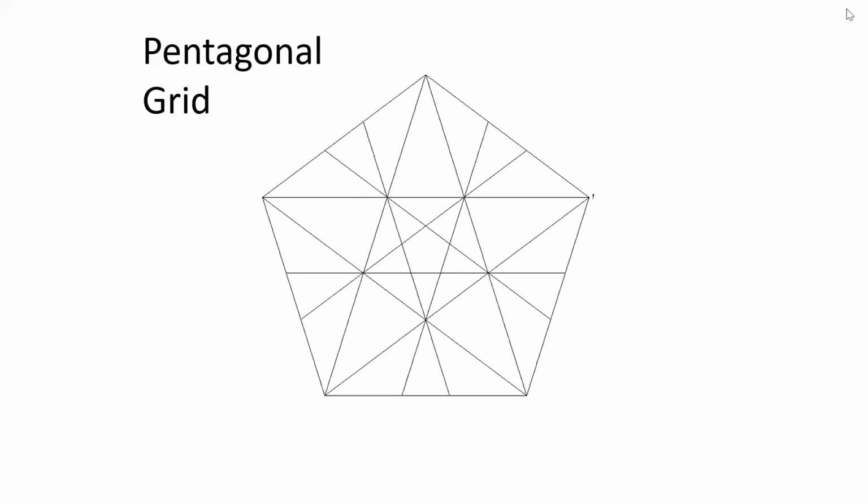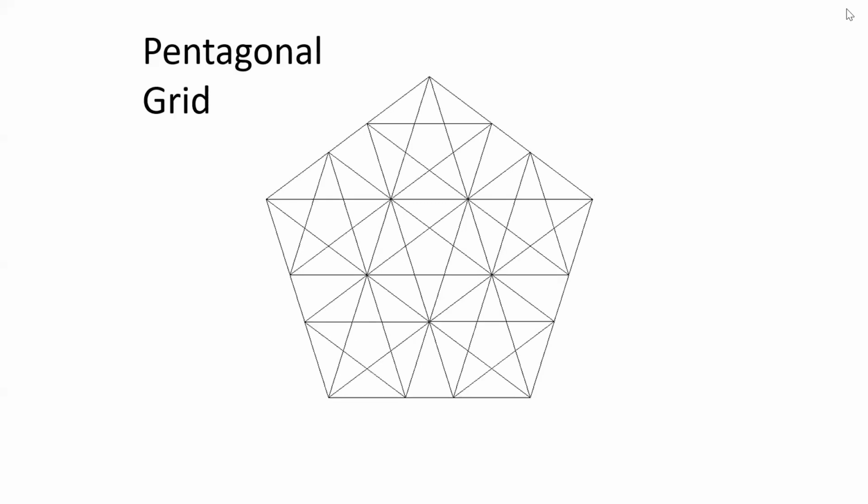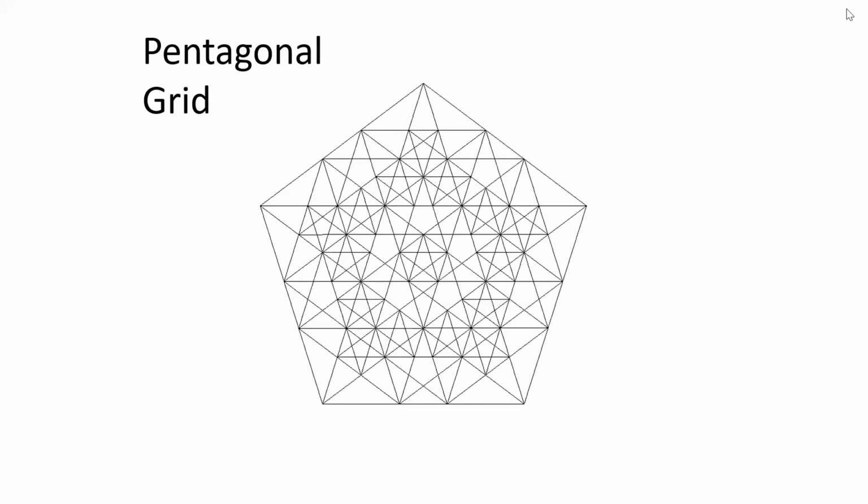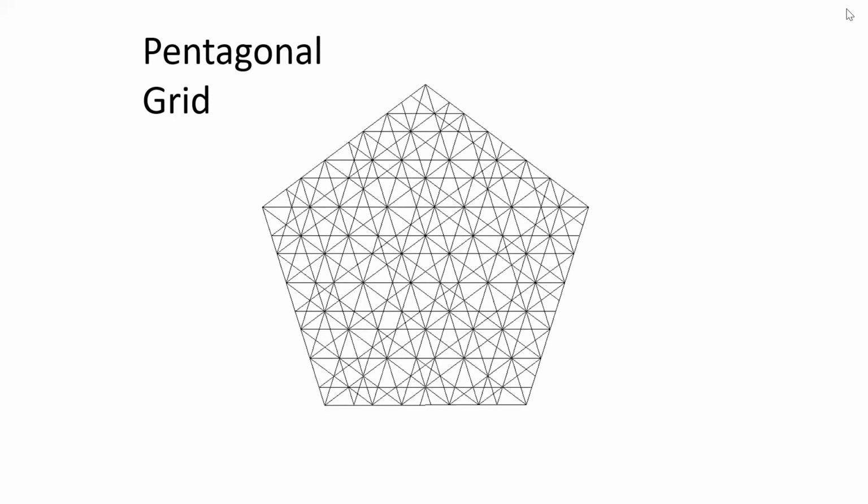If we were to find stars inside the smaller pentagons, and then put stars inside even smaller pentagons, and then we proceed to lengthen the sides again of these very small stars. We lengthen their sides again, and then we extrapolate even further.